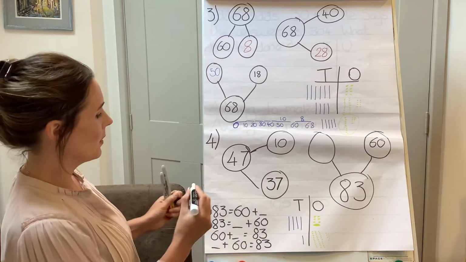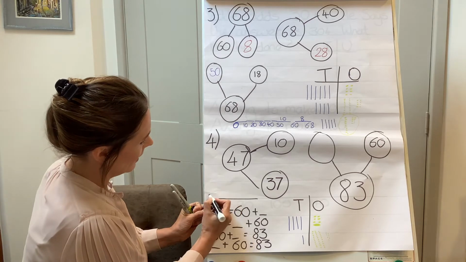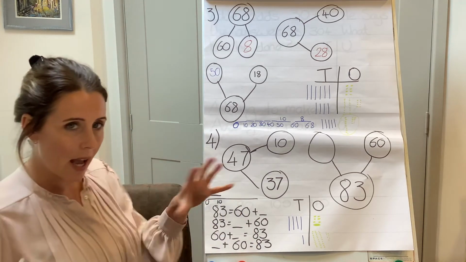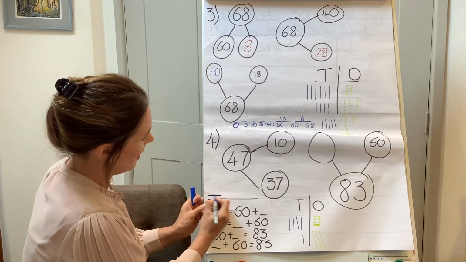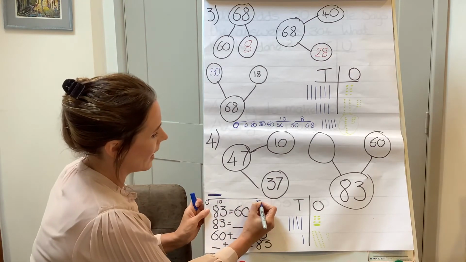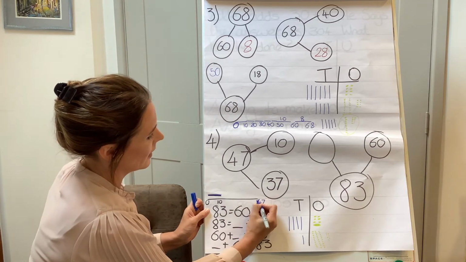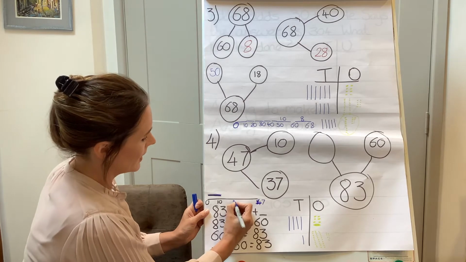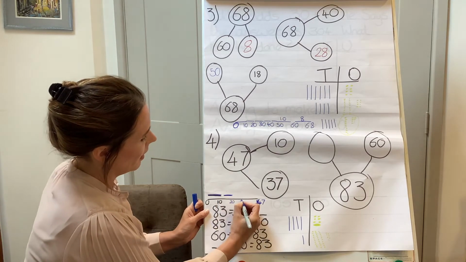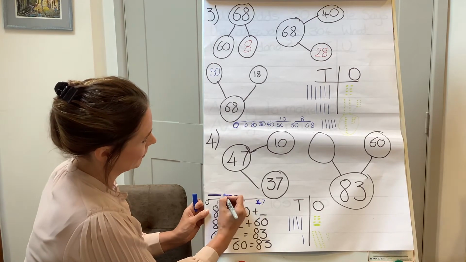And if we saw that on a number line, we go 0 to 10, that's one lot of 10. And I'll use the base 10. If you could lay out your base 10, it will really help you to lay them out on the table. We've got 10. So what else can we add to that to get to 47? So another 10 will get us to 20. Another 10 will get us to 30.